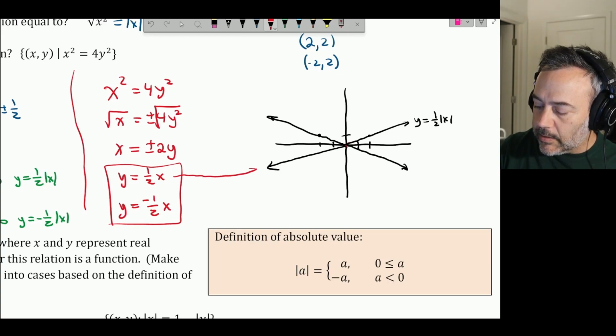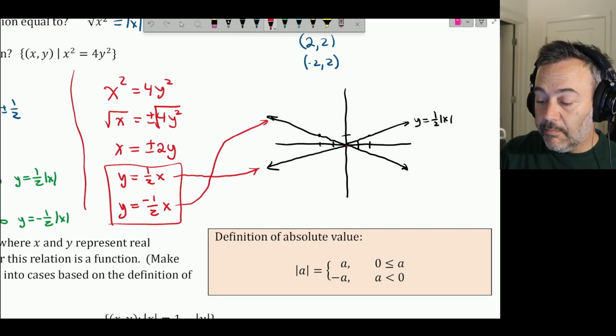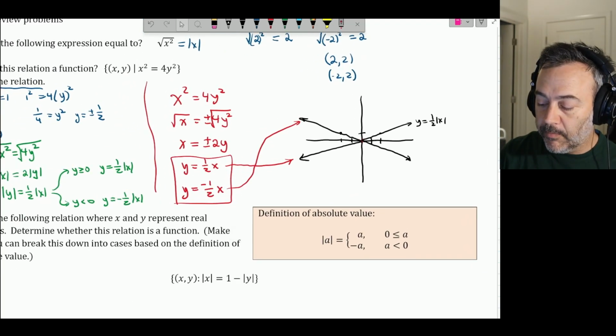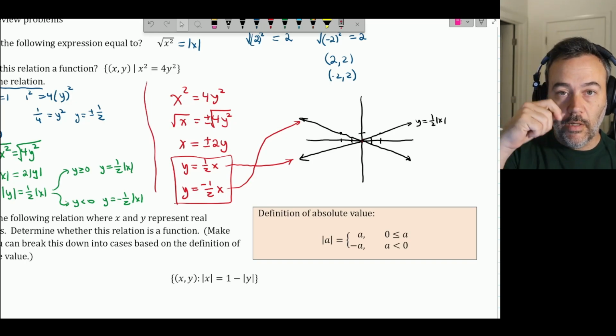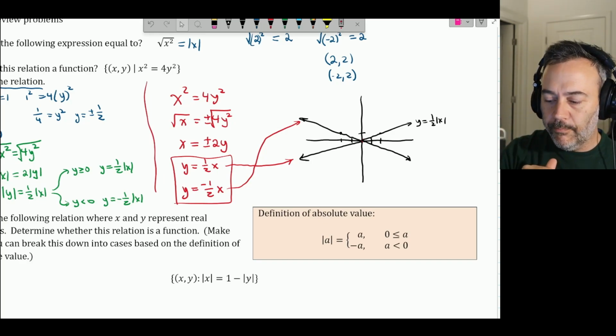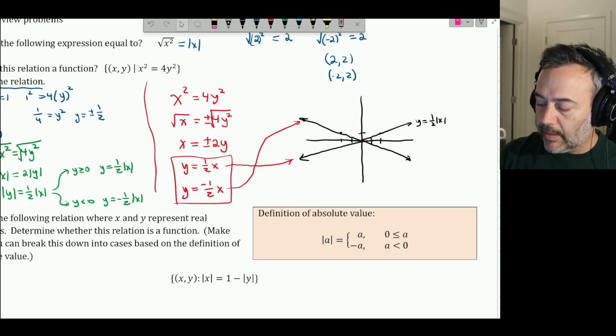This line is this one, and this line is this one. Either of these methods on this example work because this is a quadratic. And in class we've also shown that you can just plot points, like plug in x's and figure out what y's work. That could be a little longer. Or you can do some algebra to get y by itself and use the rules we learned about absolute value.